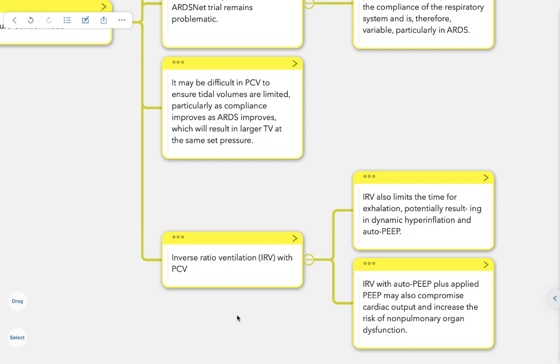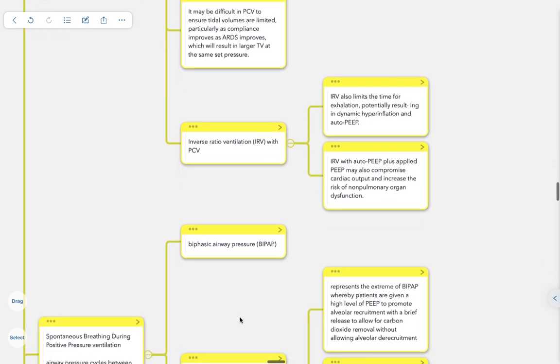Inverse ratio ventilation with autoPEEP plus the applied PEEP may compromise the cardiac output and increase the risk of non-pulmonary organ dysfunction, because with such a positive pressure, the intrathoracic venous return would get affected, and this would eventually lead to compromised cardiac output.